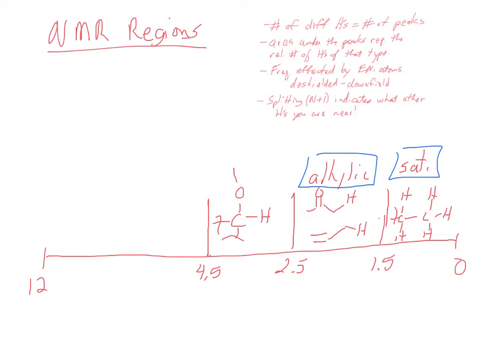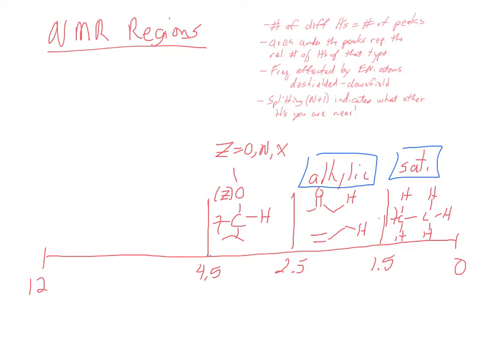You could also be bonded to a halogen. So if I replace the oxygen with a Z, Z could be oxygen, nitrogen, or X: chlorine, fluorine, bromine, or iodine.